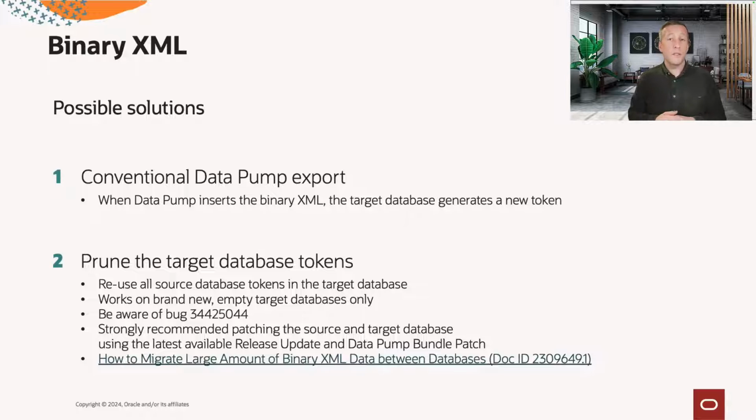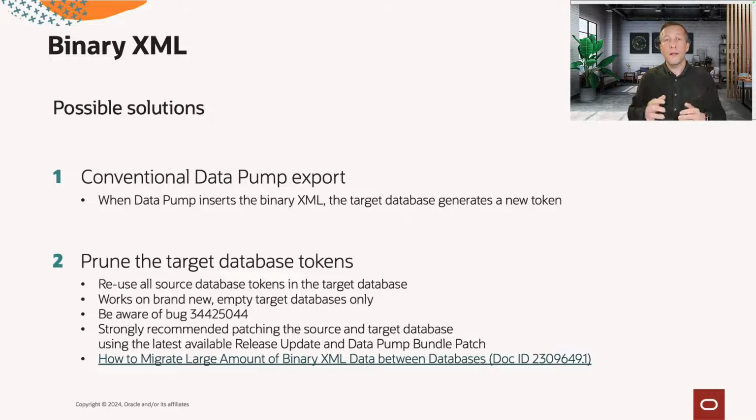To overcome this situation, if you have token conflicts during the transportable import, the easiest solution is to move that specific table with a conventional Datapump export. When Datapump loads the table into the new database during a regular Datapump import, it'll re-encode the XML document and generate new tokens. There will be no conflicts.